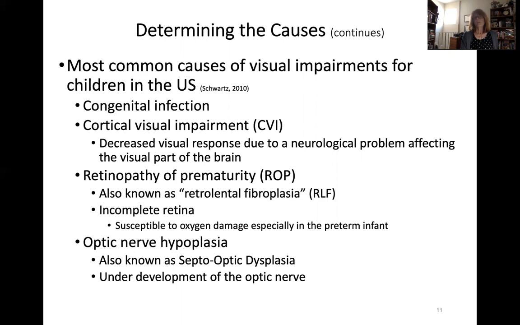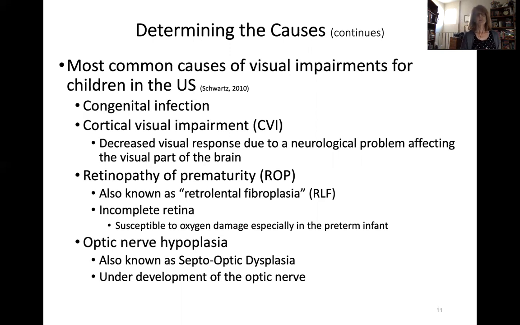Something called retinopathy of prematurity, or ROP, can also happen, and an incomplete retina is a result because we are susceptible right after birth to an infusion of oxygen or lack of oxygen, especially in preterm infants. So children who are born prematurely may have problems with retinal development.